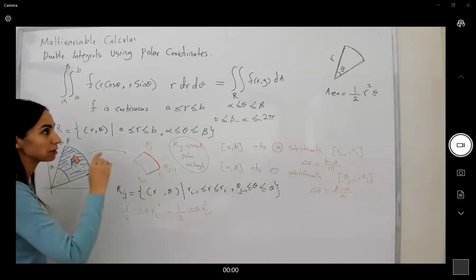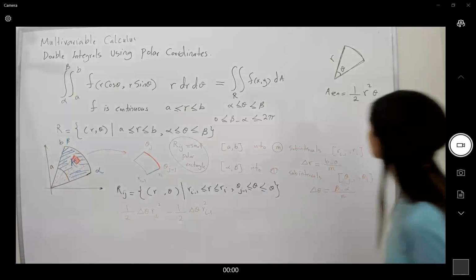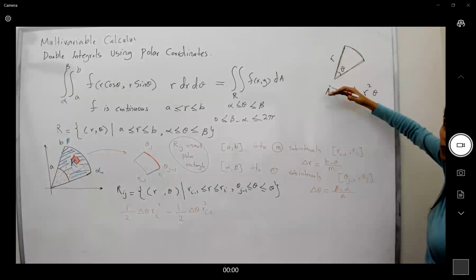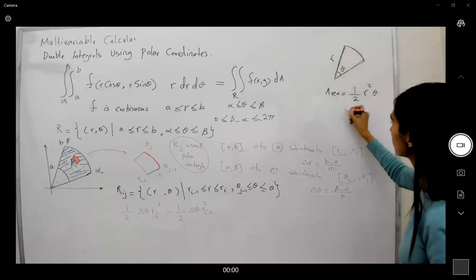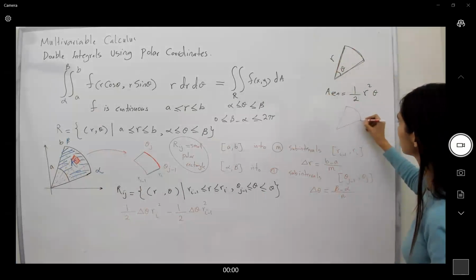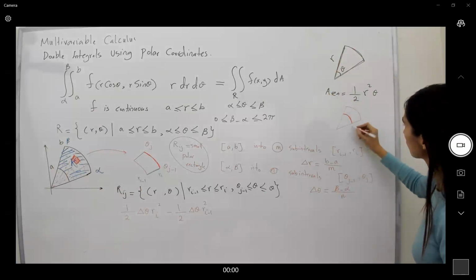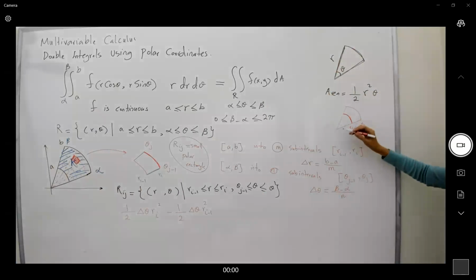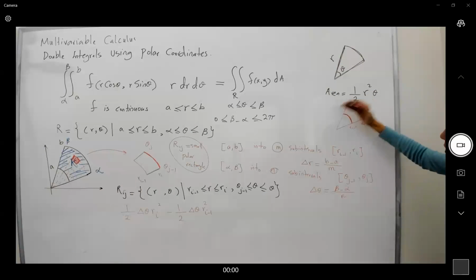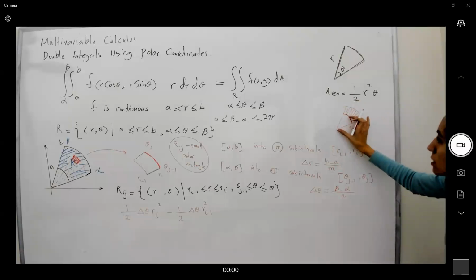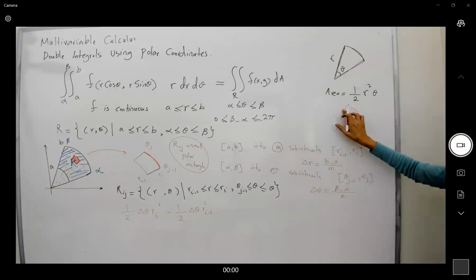Because, as I mentioned, this is the area of the complete sector. We're going to just take the difference between these two areas. So here you have your Ri minus 1 and Ri, and to find this little area here, we have to subtract this small area from this big area.